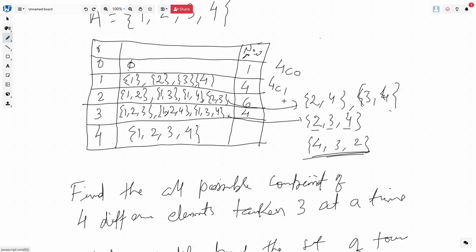Now this is nothing but 4C2, this is nothing but 4C3, and this is nothing but 4C4. So you see that we have interpreted it in such a way, looking at how many subsets can be formed where the number of elements is 0, 1, 2, 3, 4 from a 4 element set.